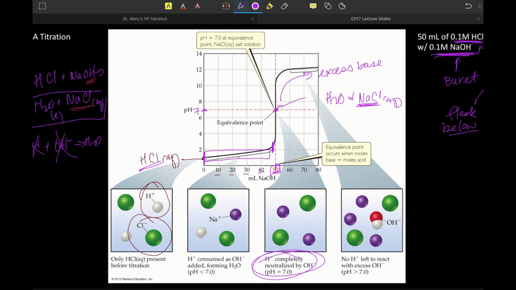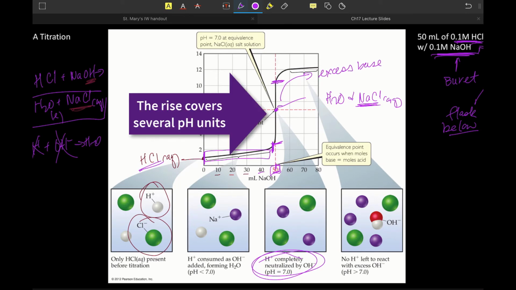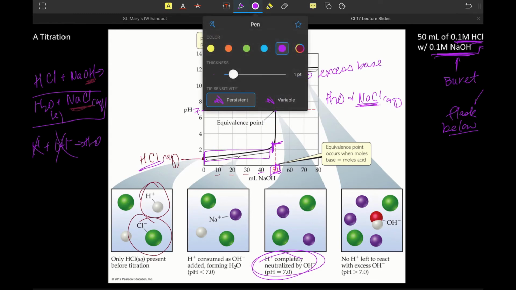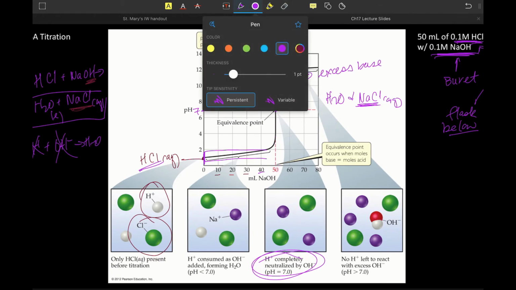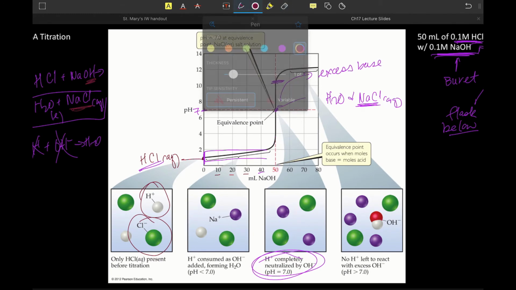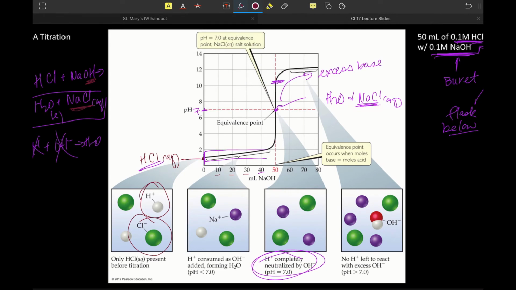Okay. And then we get this very steep portion here, and that part is very long for a strong acid titration, right? And then the other thing to note here, so let's clear up a little space first. The key thing to note here, and the reason why titrations are hard, is you'll see that this steep rise falls in a very narrow window, yes?